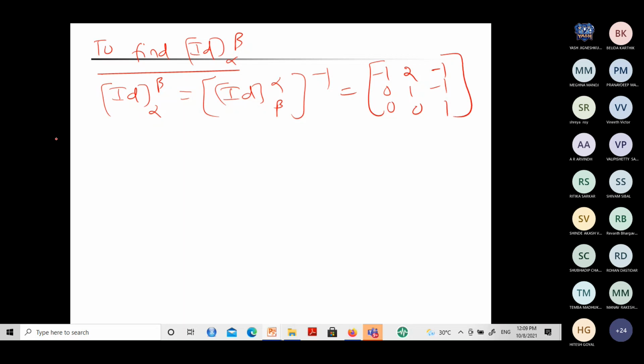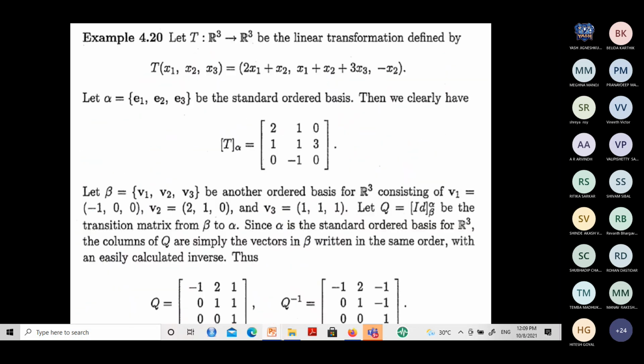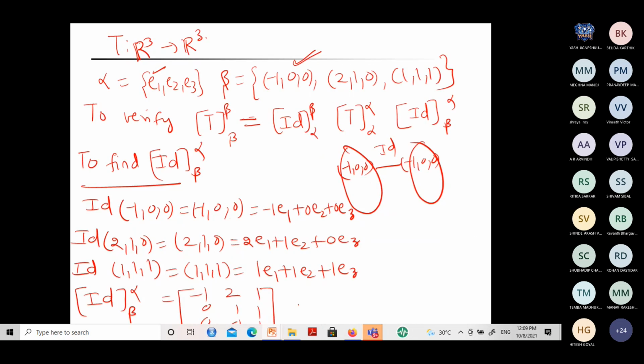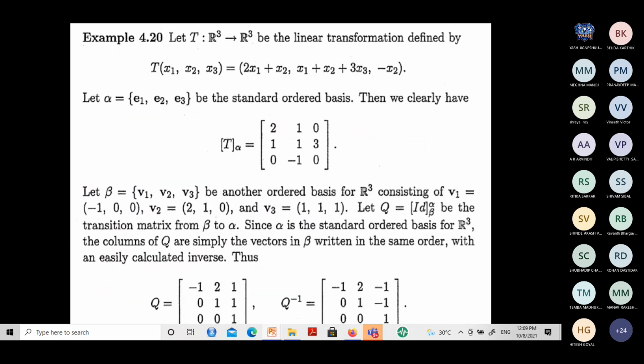Next we need to find T alpha to alpha and T beta to beta, right? What is the linear transformation? That is more important. Can you please help me?